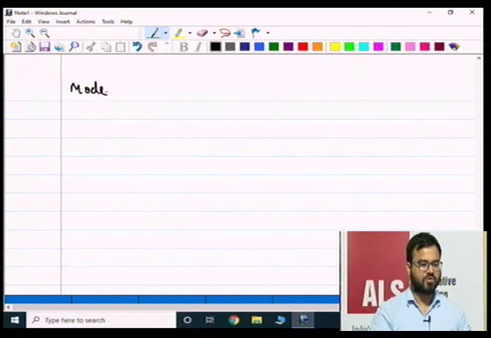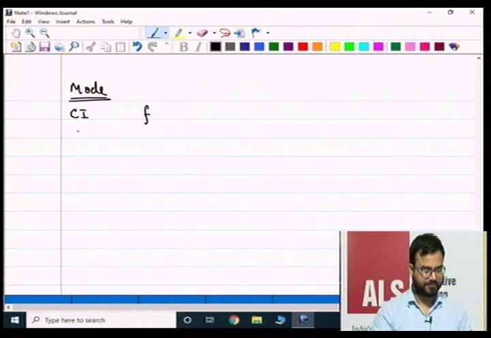We have to find the mode of the data, and it is given like this: the class interval and the frequency.